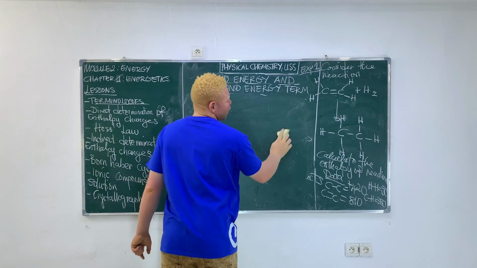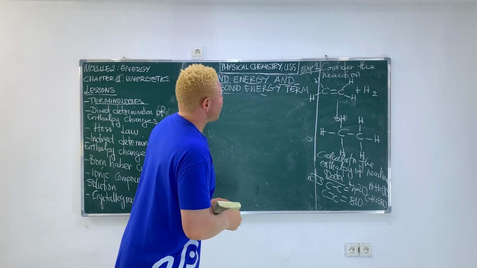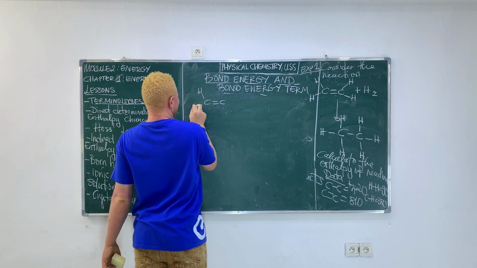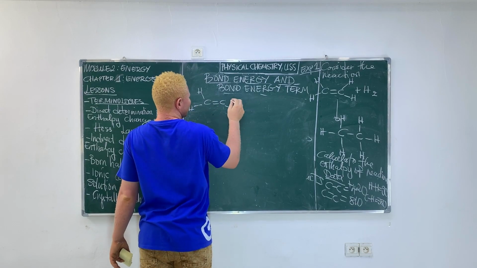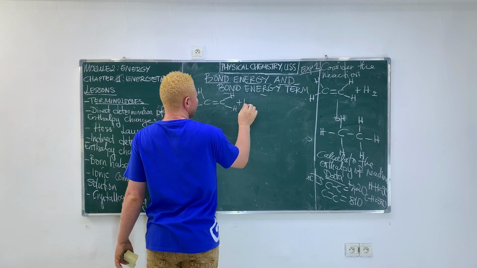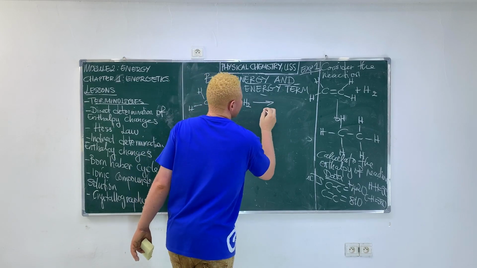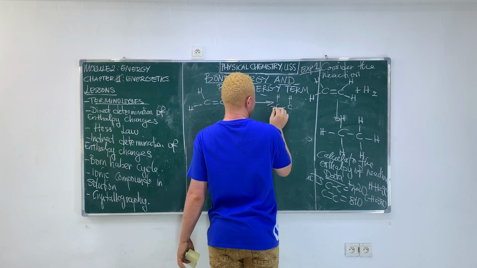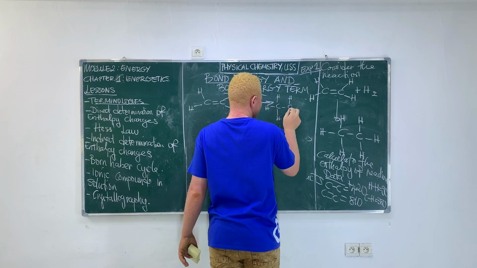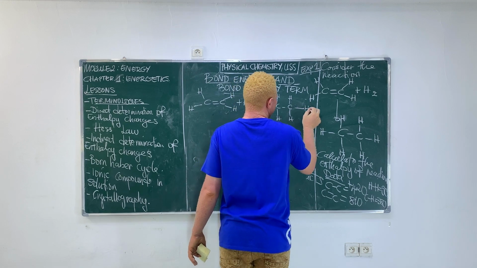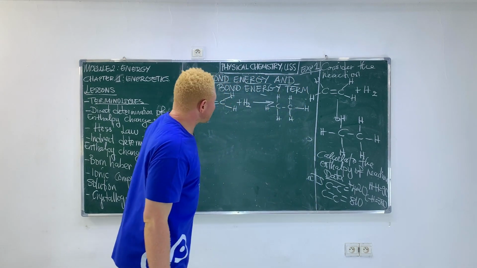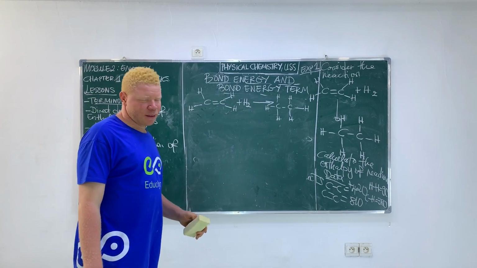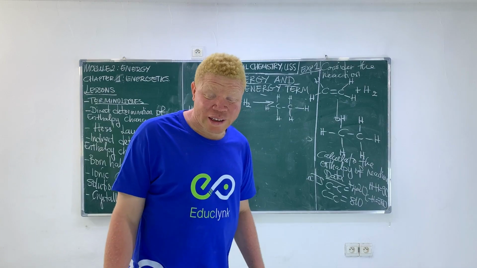So I'll copy the equation here because there is a bit to talk about. That's the equation, with this alkene compound plus hydrogen giving the alkane compound. We have to calculate the enthalpy of this reaction.